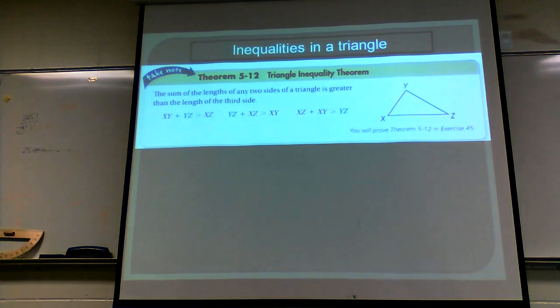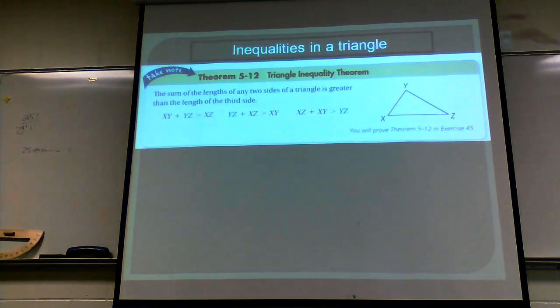If you ever have 2 sides that add up to less than the third side, that triangle technically does not exist. There's absolutely no way you can draw a triangle that fits those numbers. So there are a few different problems that are going to stem off of this.